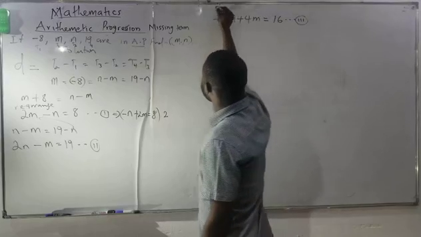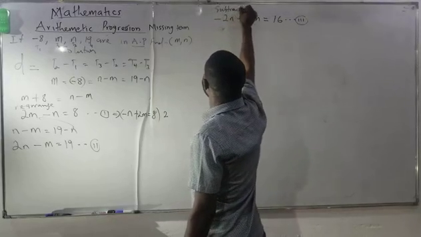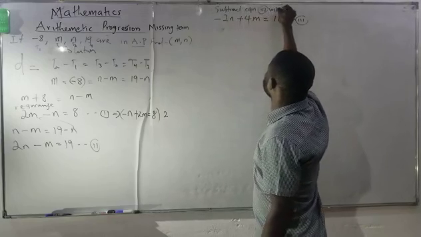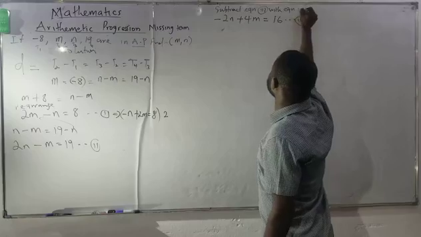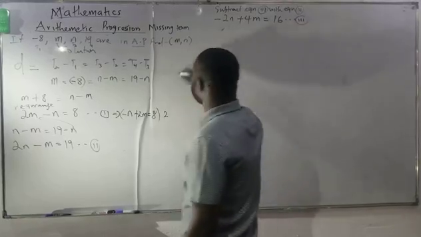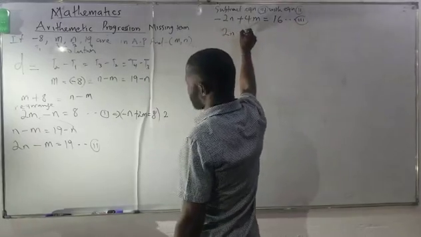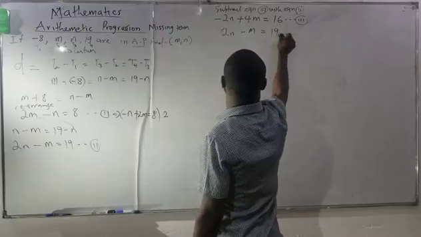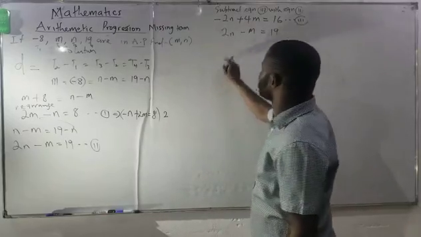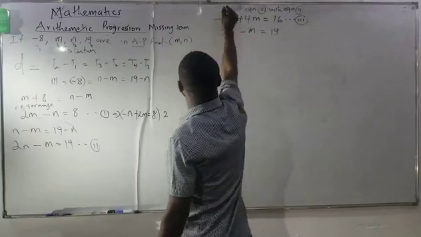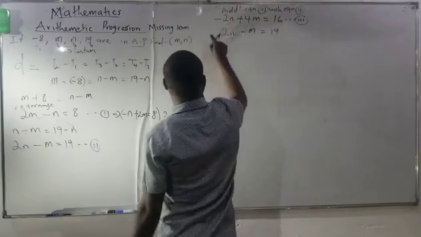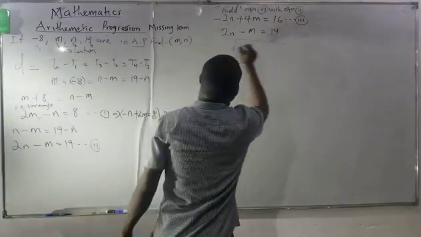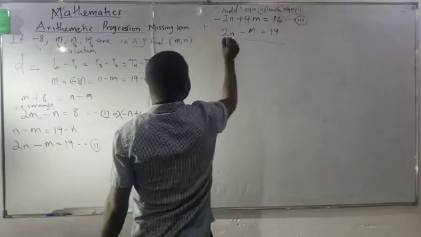Now, subtract equation 3 from equation 2. For your information, I cannot subtract. I will use the word add, because if I subtract, it will not go. Now, I am adding this, which will be 0.